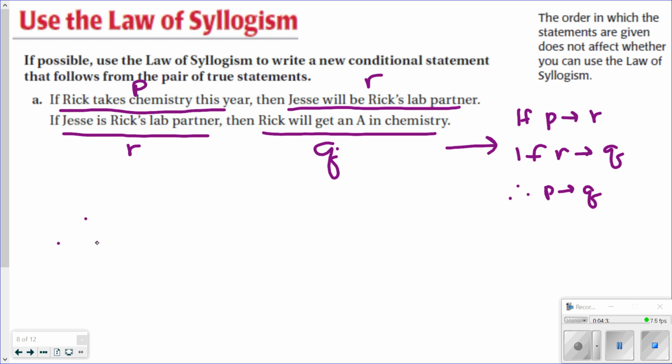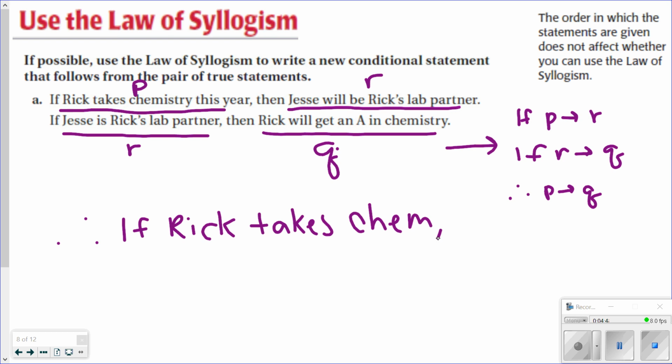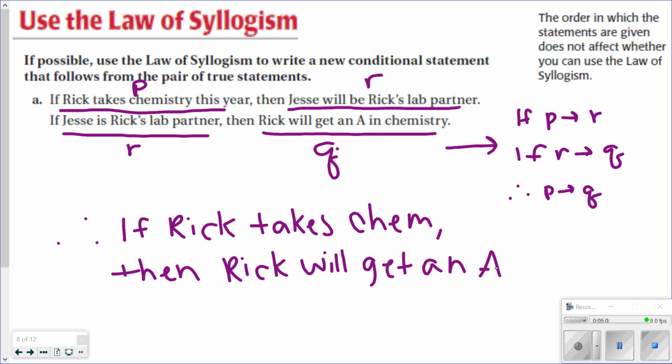So for my therefore, I can write my P statement, if Rick takes chemistry. What can we conclude? Well, then our Q statement, which is then Rick will get an A in chemistry.